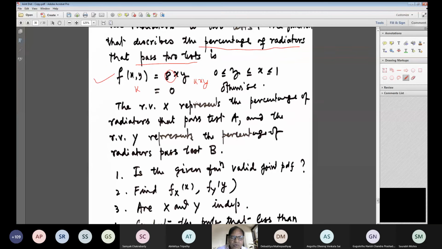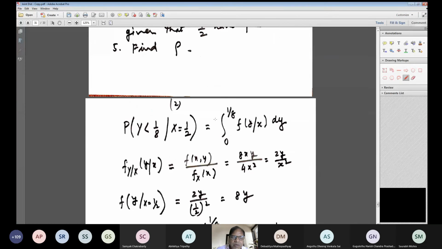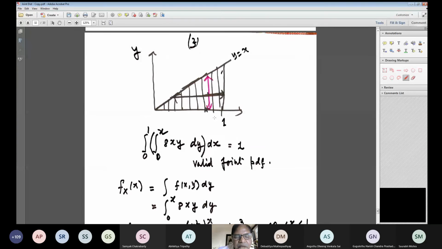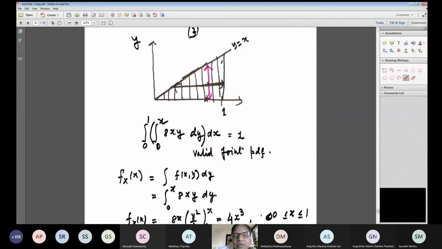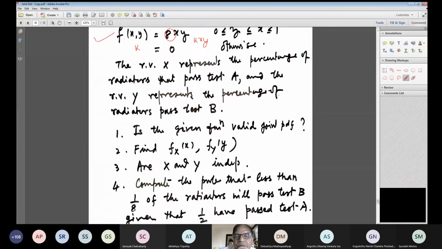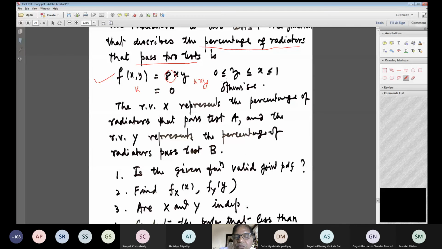So what you have to do is integrate. First we have to identify the domain. What is our domain? 0 ≤ y ≤ x ≤ 1.